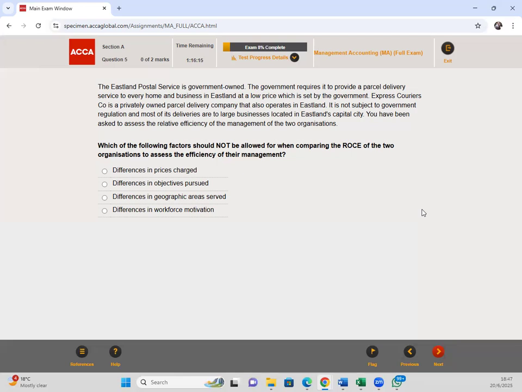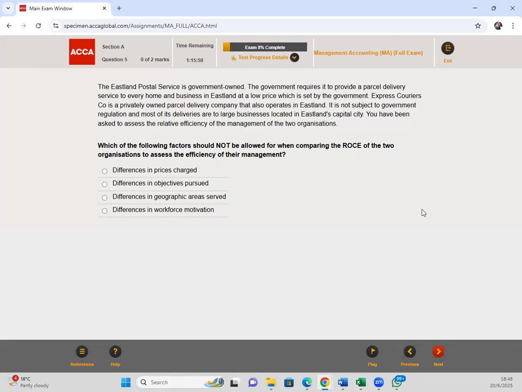So we are told that here, Eastland Postal Service is supposed to provide services at a low price set by the government. Express Courier is a privately owned parcel delivery company that also operates in Eastland. It is not subject to government regulations.